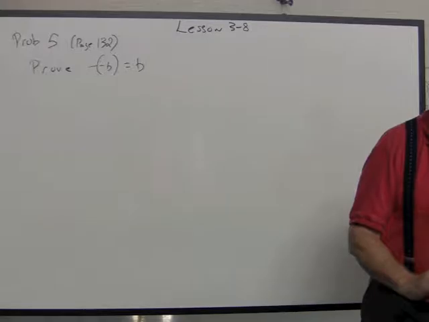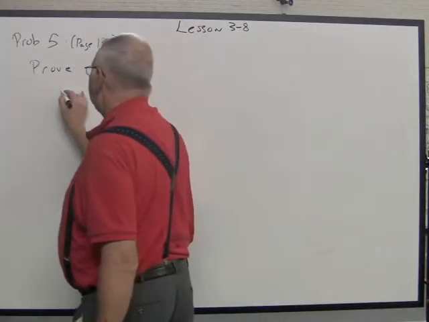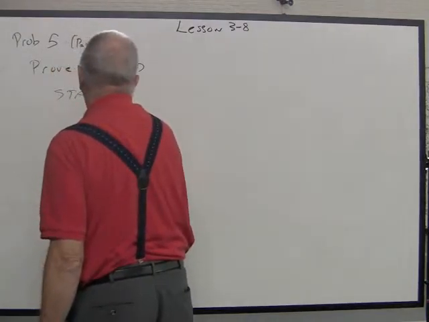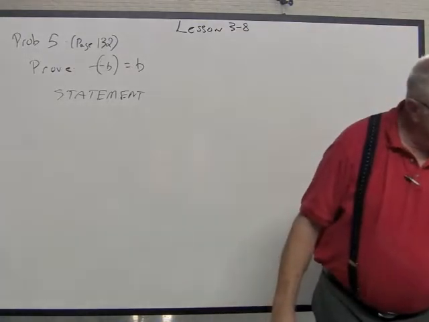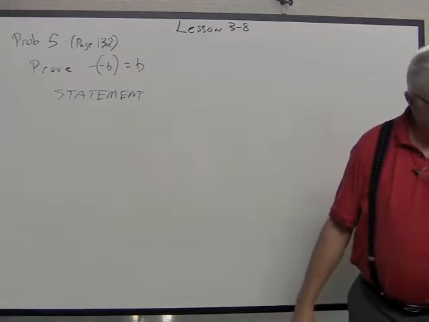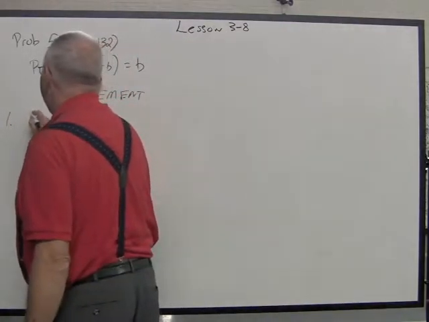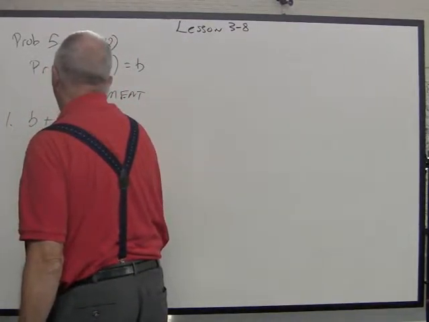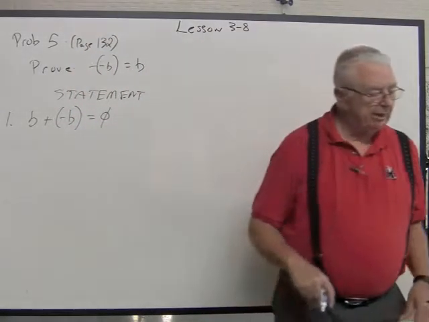So the first statement in the proof is b plus a minus b equals 0. Their statement 1 is b plus a minus b equals 0.